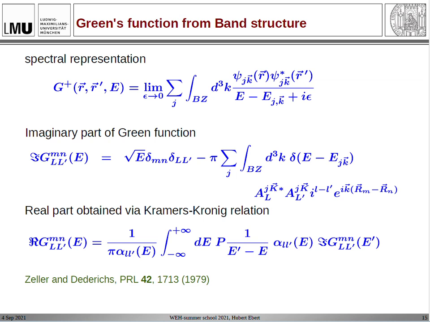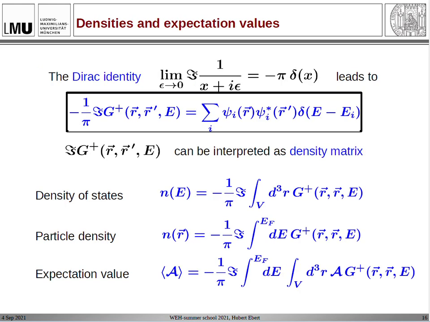and then in the next step from this we derive the Green's function. Now, from the spectral representation of the Green's function, we can immediately see that we can deduce all what we want for a solid, all information we want from a solid, based on the Dirac identity that you see written here. We can write down for the Green's function and its imaginary part that simple expression.